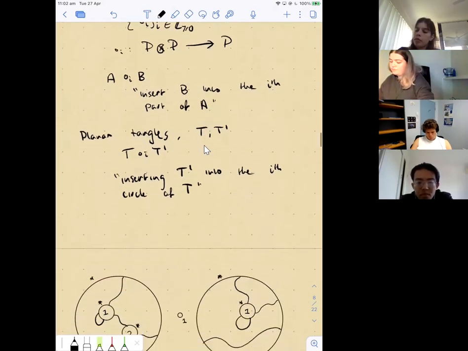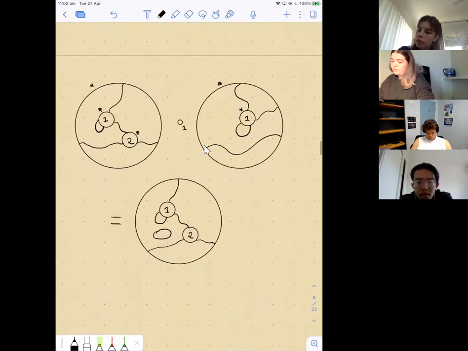So I've got here an example where I've got two tangles on the left and right, and we're going to circ 1 them. This tangle on the right here has 4 points on its outer disk, and these 2 strands on the top here of the first circle we're inserting into this circle here.